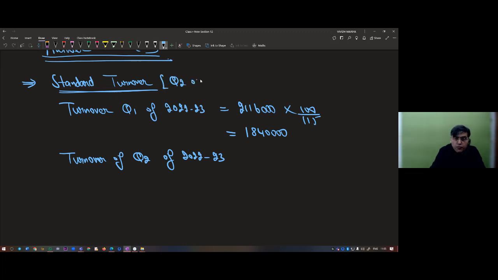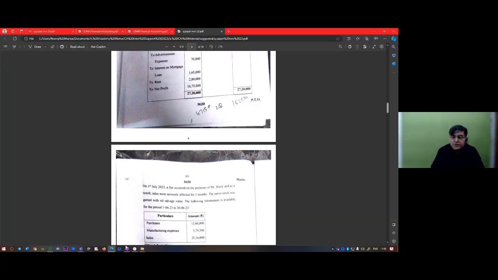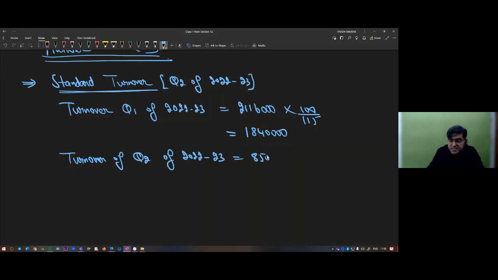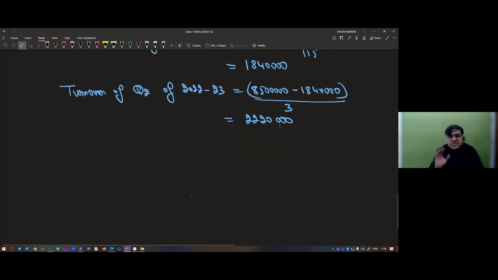Q2 of 22-23 is equal to the turnover of the full year, 85 lakhs, minus turnover of Q1. The remaining is turnover of 3 quarters. So 85 lakhs minus 1840 divided by 3. This is 22 lakhs 20,000. This is called standard turnover.